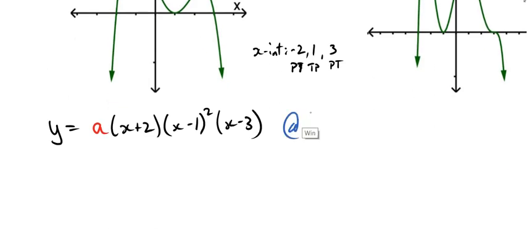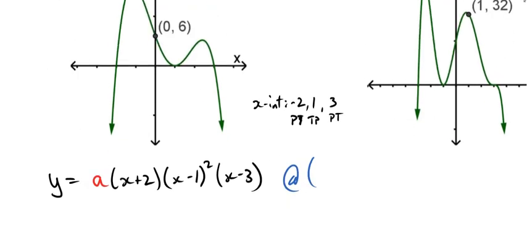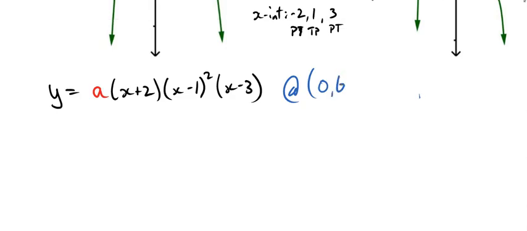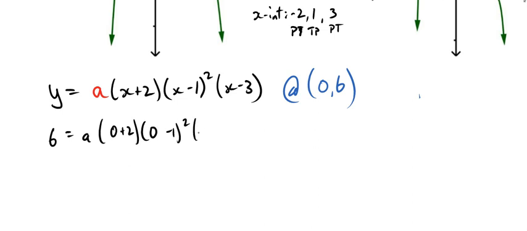So at the point 0, 6, y is 6 equals a times 0 plus 2 times 0 minus 1 squared. Don't miss those exponents. That's an easy mistake to make. And now we can solve for a.